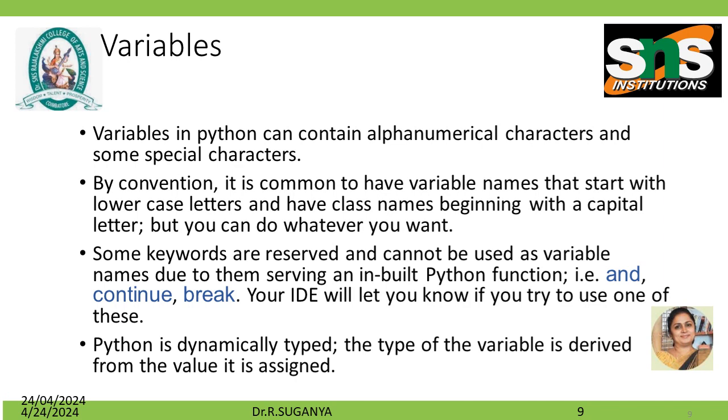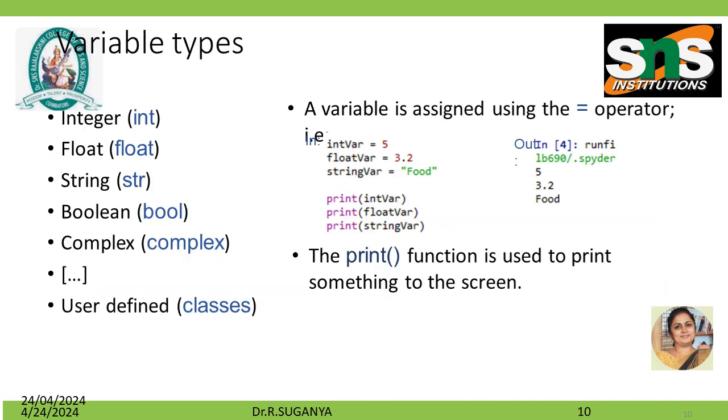Python is dynamically typed. The type of variable is derived from the value it is assigned. Variable types: integers, float, string, boolean, complex and user defined. A variable is assigned using the equal to operator, that is, the variable name equal to an integer value, which means that we are assigning some value to a particular variable, and we are printing that particular variable name.